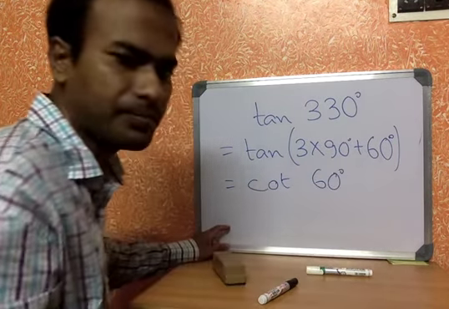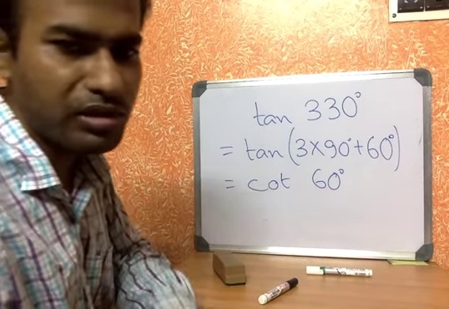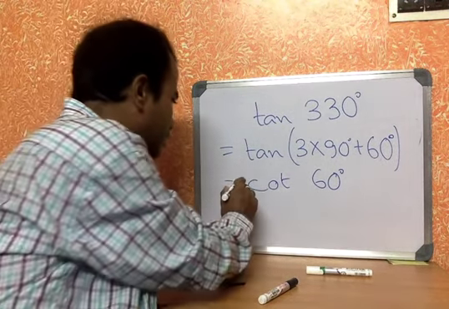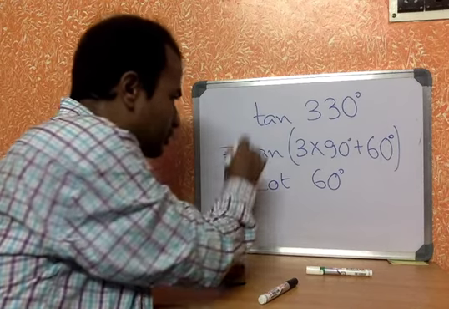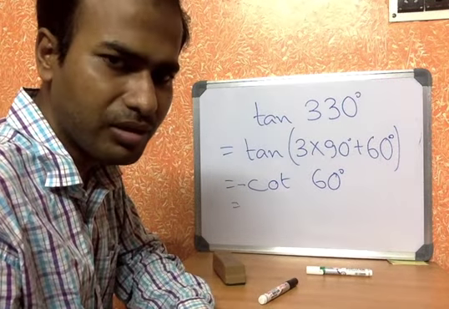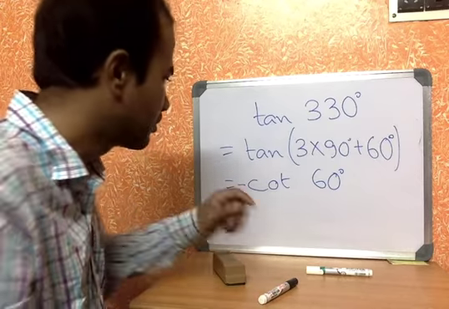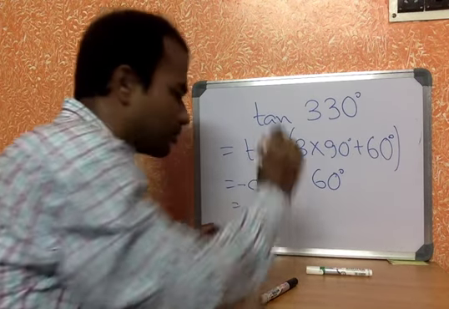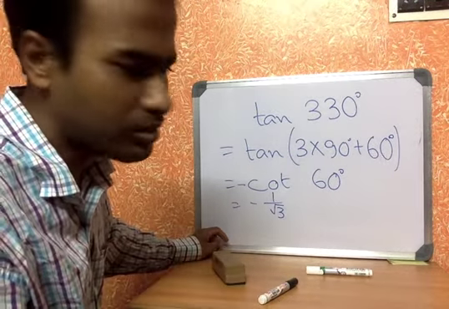It will be cot 60. But it lies in the fourth quadrant. 3 into 90 plus 60 lies in the fourth quadrant where tan is negative. What is the value of cot 60? 1 by root 3. So the answer will be minus 1 by root 3.